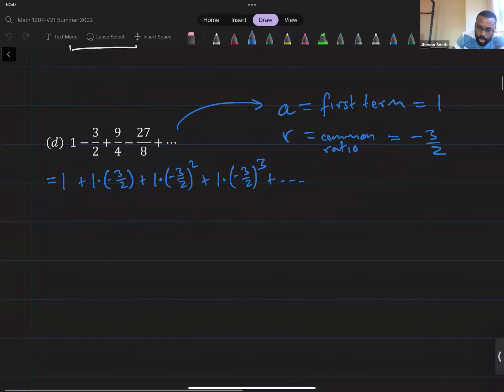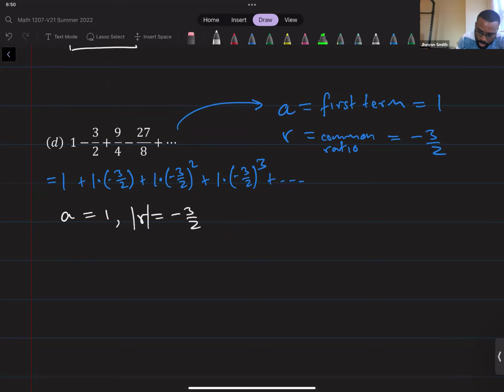So here you would have A equals 1, and your R equals minus 3/2.